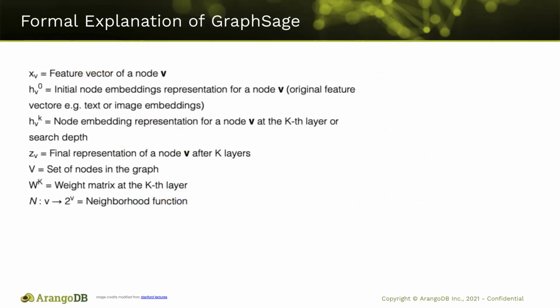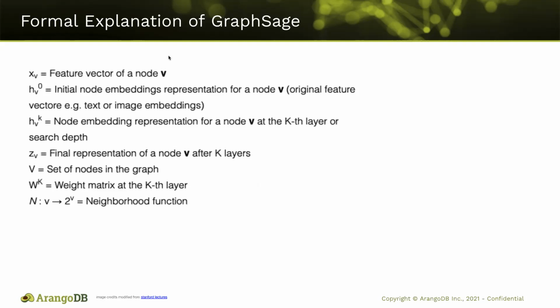Now we will see the formal explanation of GraphSAGE. This is basically from the GraphSAGE paper, where variables are defined which we need to understand before understanding this algorithm. As I have explained, the key concept of GraphSAGE is to learn how to aggregate feature information from a node's local neighborhood.